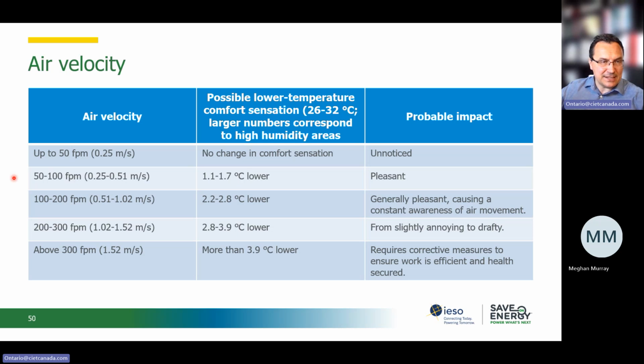Somewhere between 50 and 100 feet per minute would have a pleasant draft feeling for the occupants. As we move into higher velocity ranges, we'll see the perception of comfort reducing, and typically we associate this with areas where we have a much higher level of activity present.